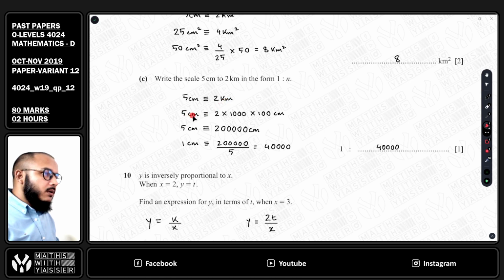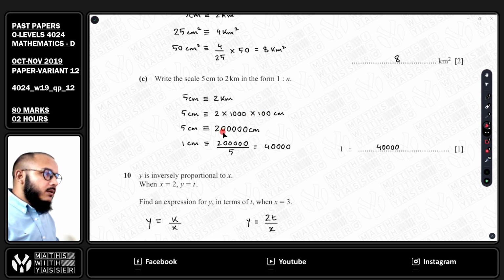So 5 centimeter is representing 2 times 1000 times 100. This 1000 is getting multiplied because I'm converting kilometers to meters first. After I'm done converting this to meters, I'm again converting it to centimeter by multiplying with 100, because 100 centimeter is equivalent to 1 meter.